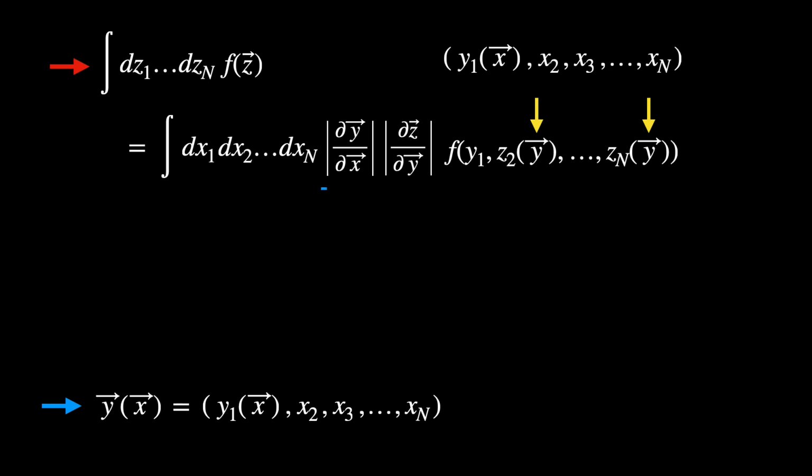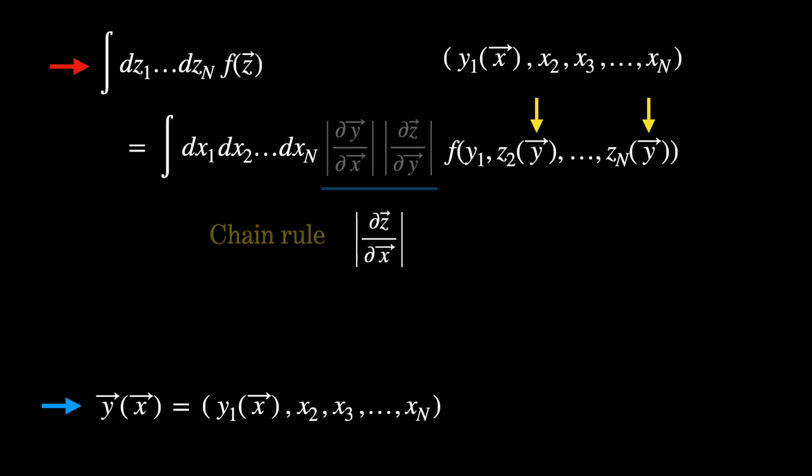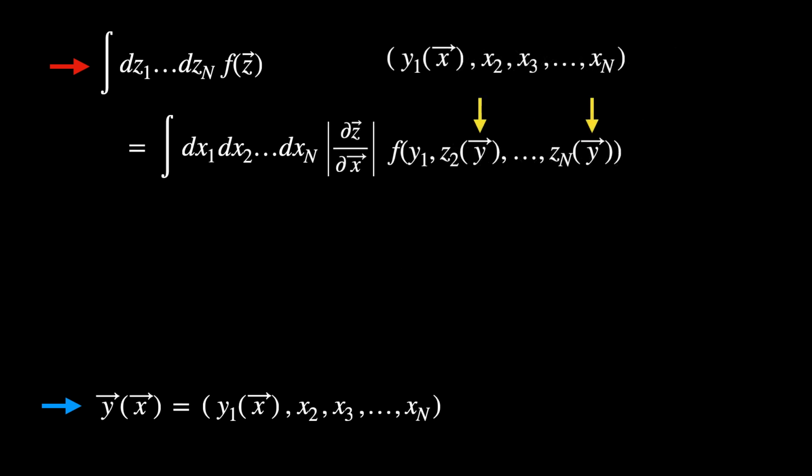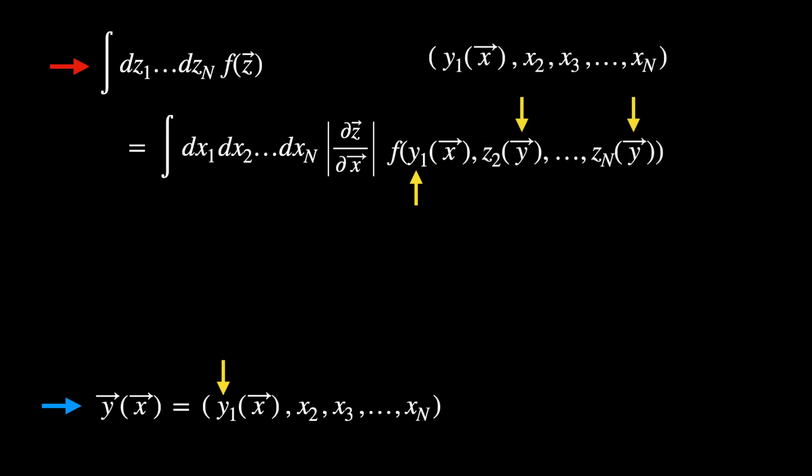And by the chain rule of the Jacobian, we have, this is just the Jacobian between z and x. Let's make our changes of variables explicit within the argument of the function f.